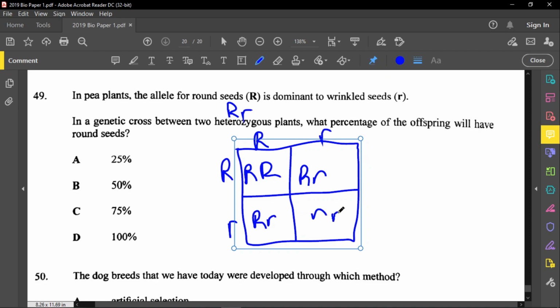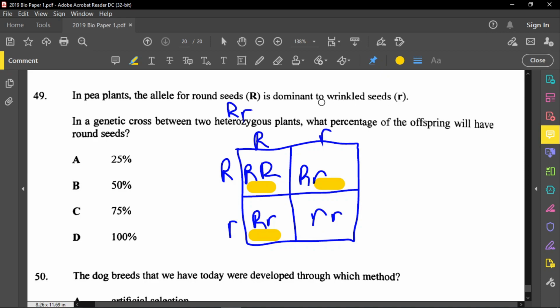So in this case here, just to point this out real fast, these 3, let me tick those. As a matter of fact, let me just highlight those. The ones I'm going to highlight here, I just put the highlight in these boxes. These will be our round seeds because once it contains an uppercase R, the seed must be round because the dominant trait will always show, right? In the unshaded box here, which has 2 lowercase, they will be wrinkled.